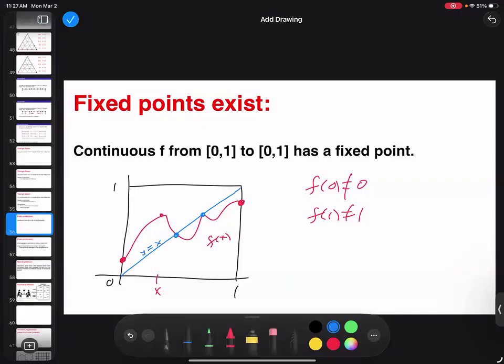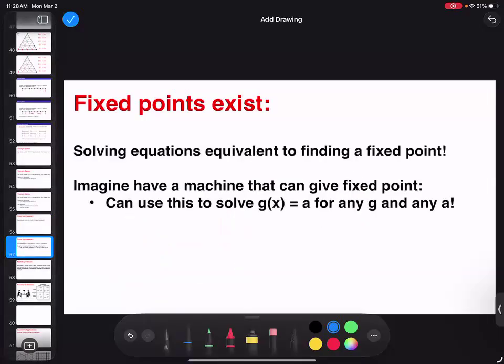One way to think about this: if I start off at a positive height and I end up at a negative height, at some point I was at height 0. This is the intermediate value theorem. If I start 2 miles from home and I end 1 mile before home, at some point I must have gone through home if I live in a one-dimensional world. So in this case, I can show you without too much trouble that this function has to have a fixed point. It turns out that it is very useful to be able to find fixed points.